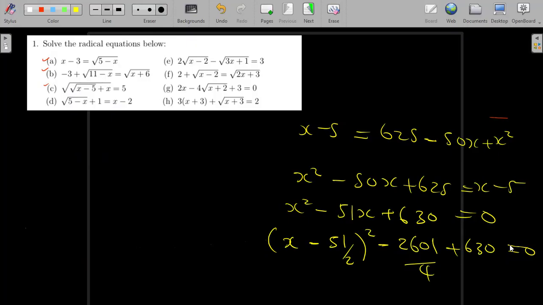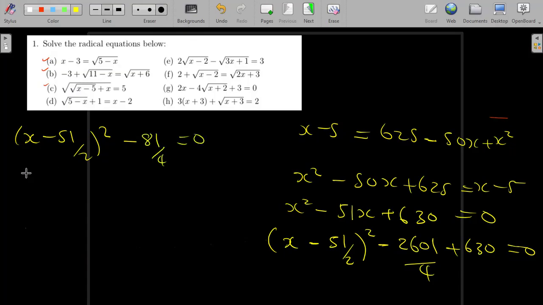So I have 330 minus 2601 over 4, and that just gives me x minus 51 over 2 squared, then you get negative 81 over 4 equal to 0.